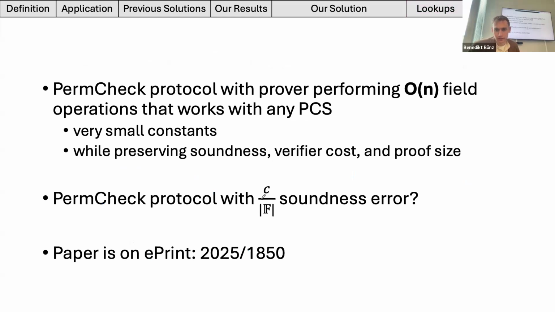Okay, so all of this together, we can get to questions. So what did we do? We designed a permutation check that has a small soundness error, which makes it better to, for example, apply over small fields, and which, if you're willing to use some particular polynomial commitment schemes, has linear prover time.